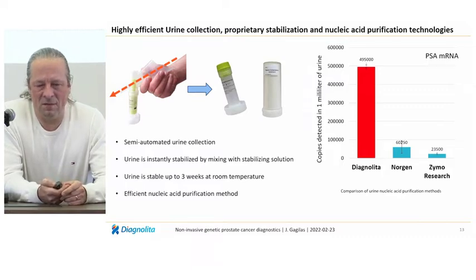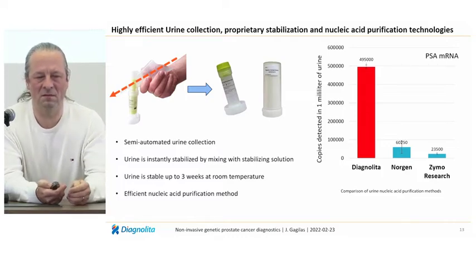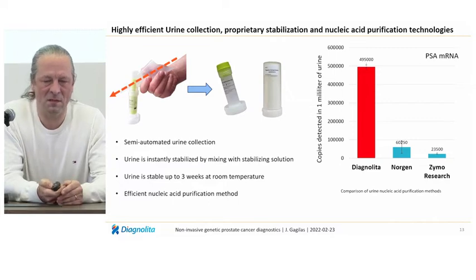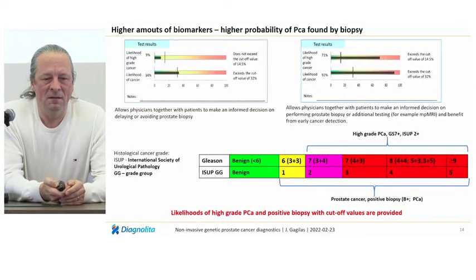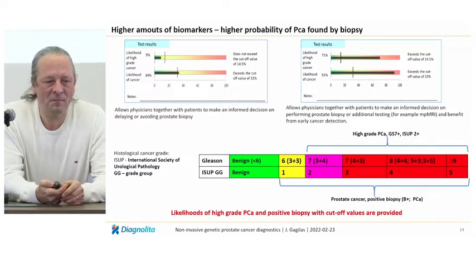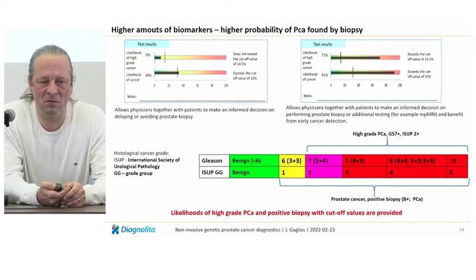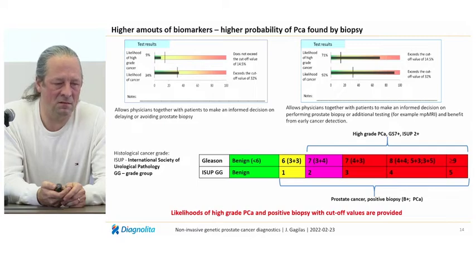So when you have efficient technologies, then you have very sensitive methods, and you can efficiently detect biomarkers even without prostate massage, when you collect urine with lower amounts of biomarkers. And the result we provide for patients and doctors is a probability or likelihood of high-grade prostate cancer, and the total likelihood of cancer.